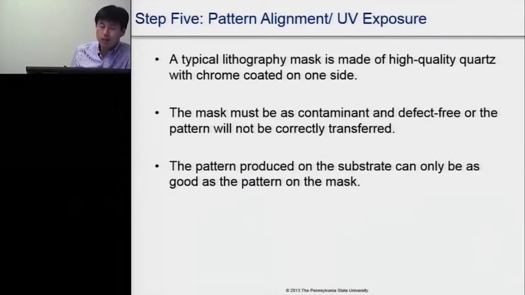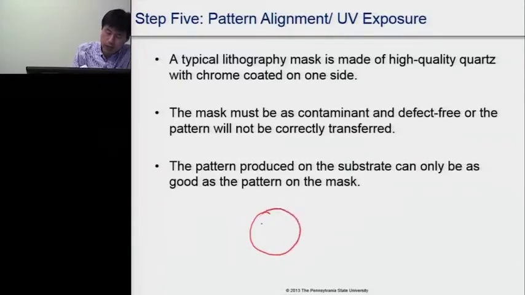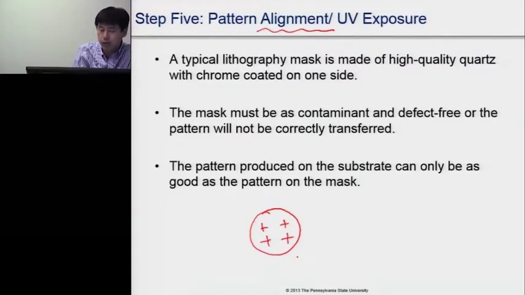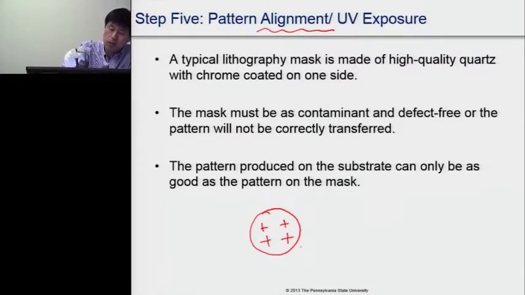Depending on whether you already have patterns on your substrate or not, we need to do an alignment of the pattern to the pattern already on the substrate. Once we complete the alignment, we will do a UV exposure.